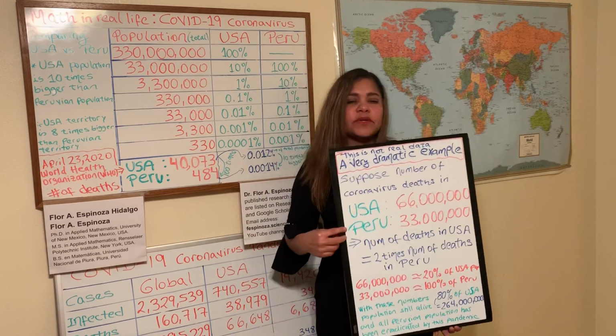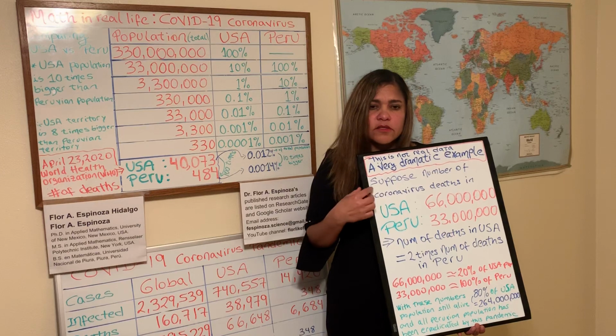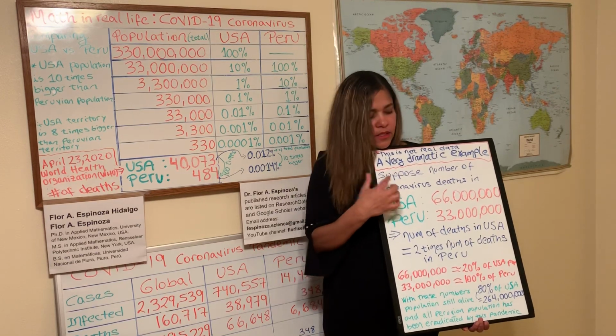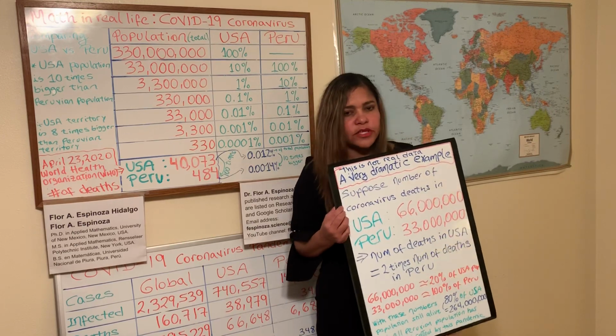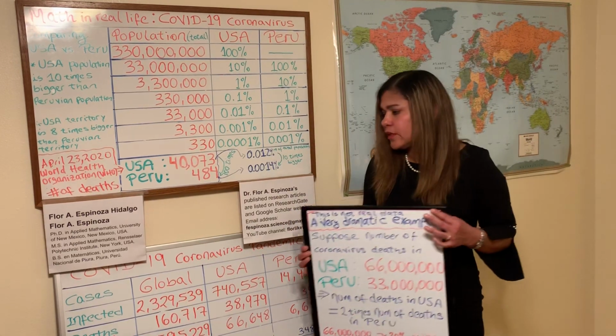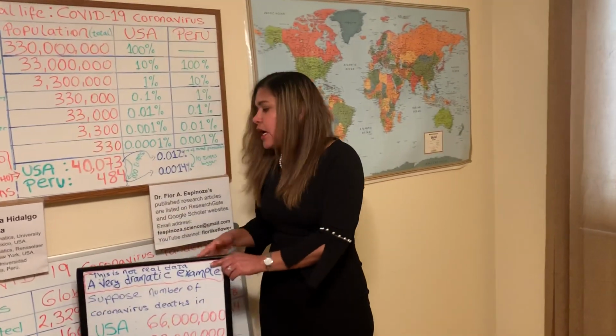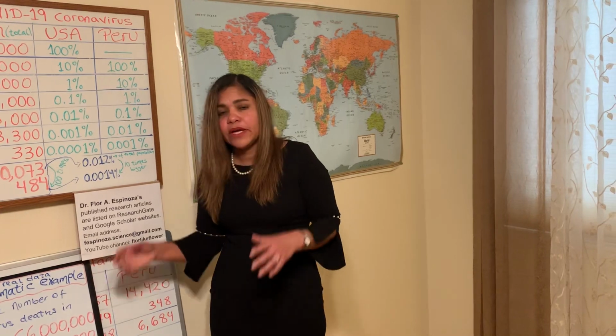That means 80% of the United States population is still alive and survived the pandemic. Again, this is a very dramatic example, no real data, just for illustration purposes, and I hope it helps you understand the importance of accounting for differences in population when you compare or report the number of deaths and infected caused by pandemics.